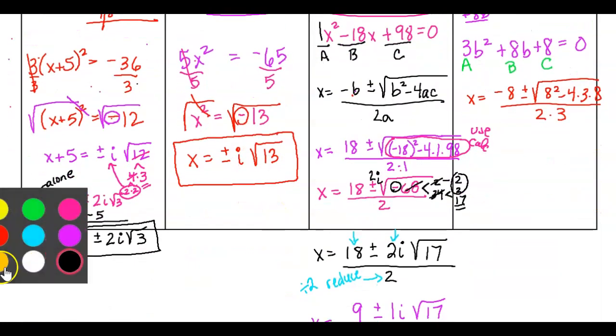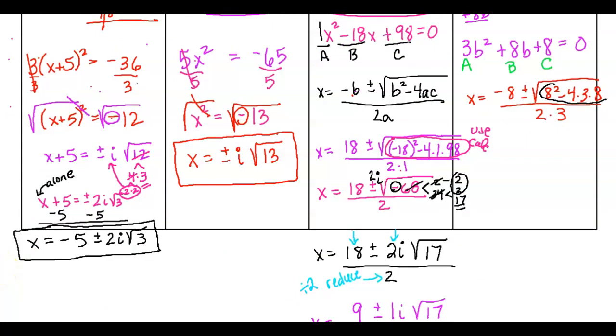So to simplify, we're going to type everything under the root, but not including the root, in the calculator. So I got 8 squared minus 4 times 3 times 8. Oops, I hit minus. Times. I did get a negative number.